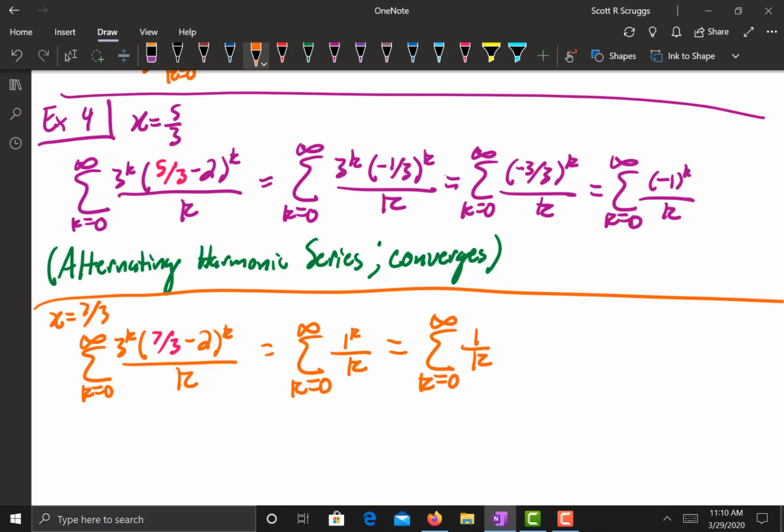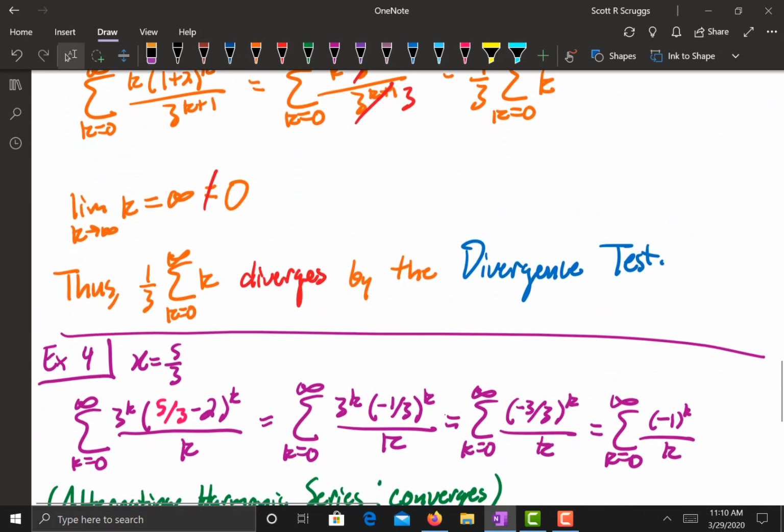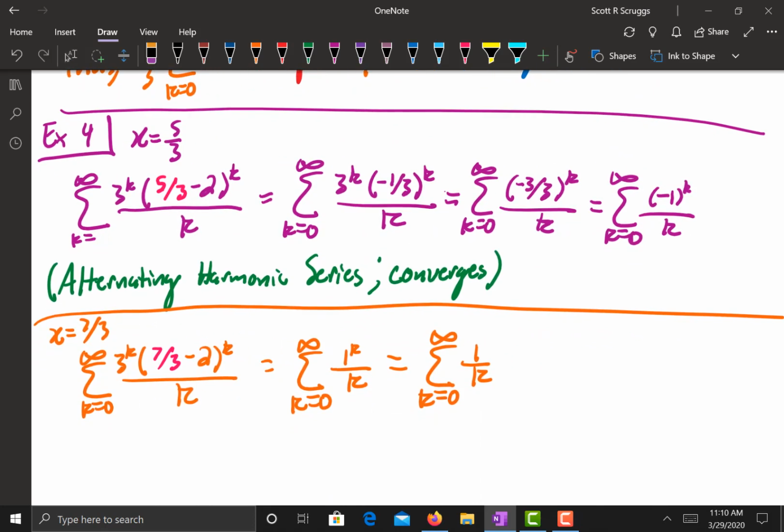Oh, and I forgot that my series started at 1 and not at 0. So let's go ahead and replace everything with a 1. There we go, and the same thing for here. All right. And with that, I recognize that this is my harmonic series, which we know diverges.